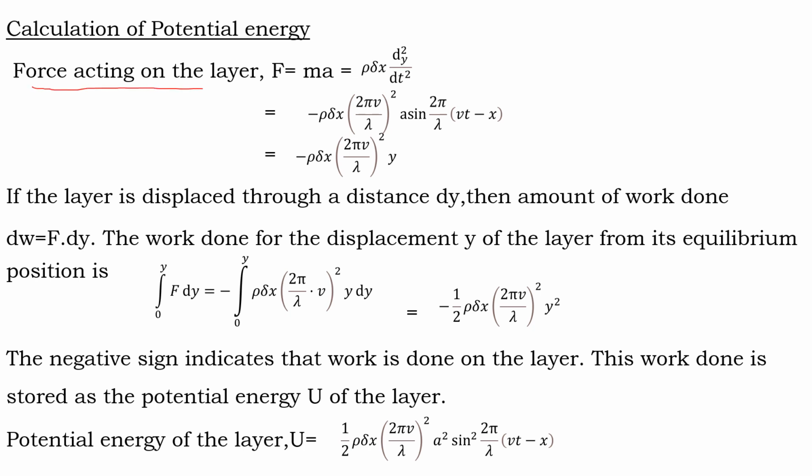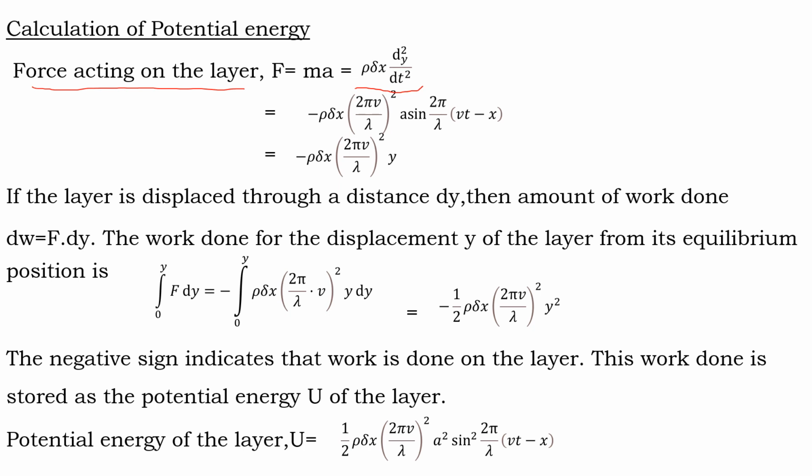The force acting on the layer F is equal to ma according to the second law of Newton. The force is equal to mass into acceleration. Here mass is rho into delta x and the acceleration is d square y by dt square because y is the displacement. Then dy by dt is the velocity and d square y by dt square is the acceleration.